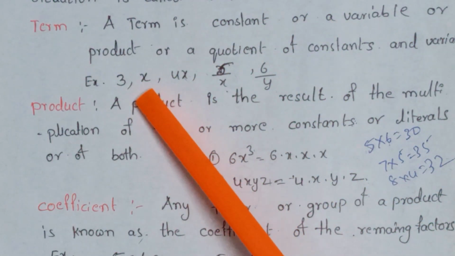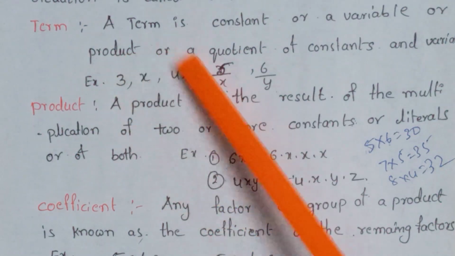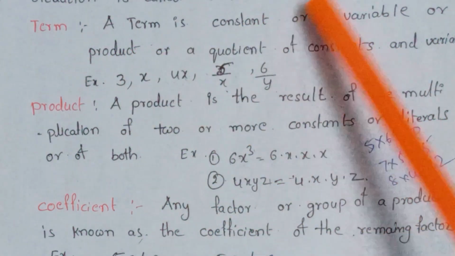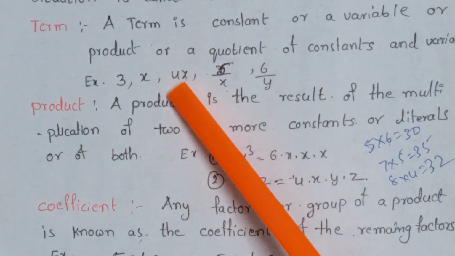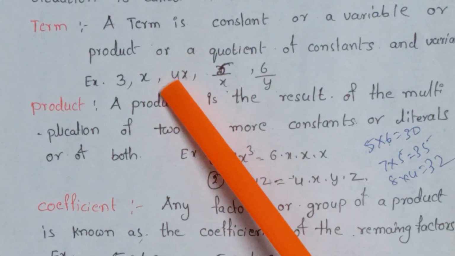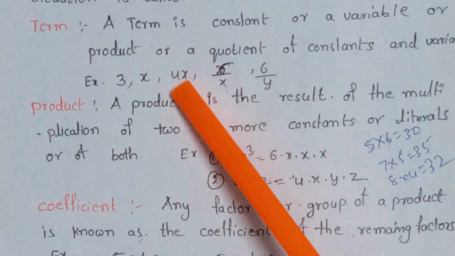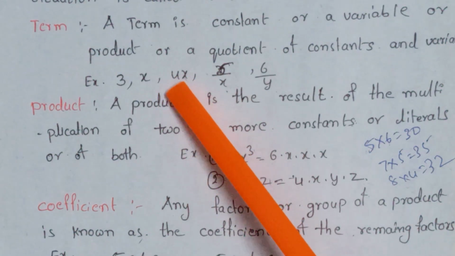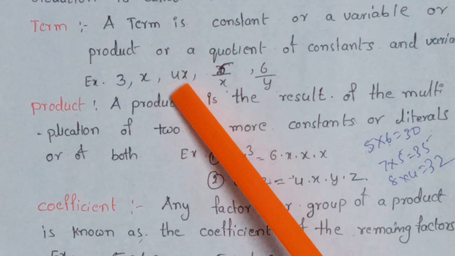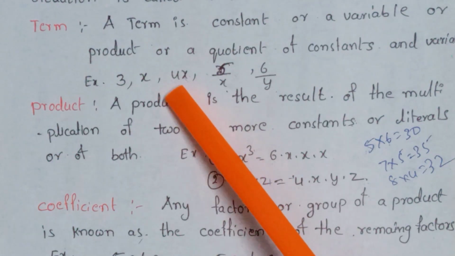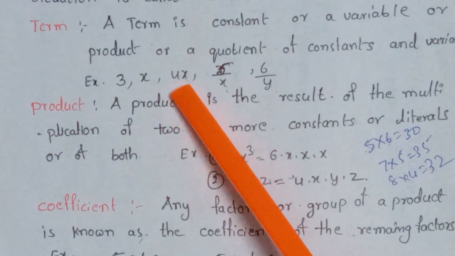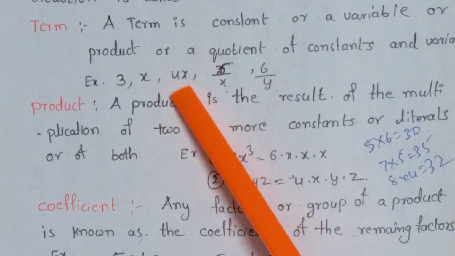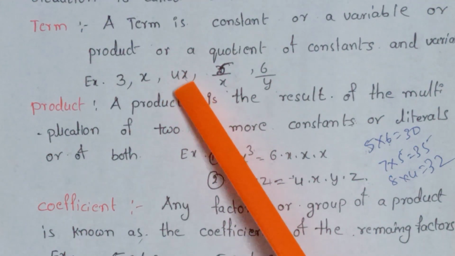And a product of constant and variable: constant 4, variable x, gives 4x. This is the product of constant and variable. 3x, 4y, 3z, 8x are all products of constant and variable.